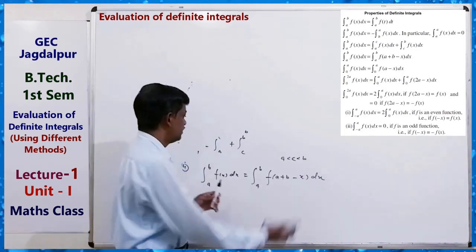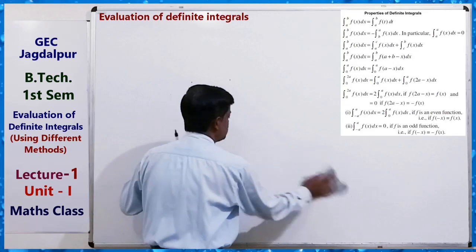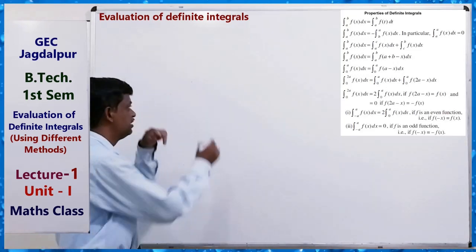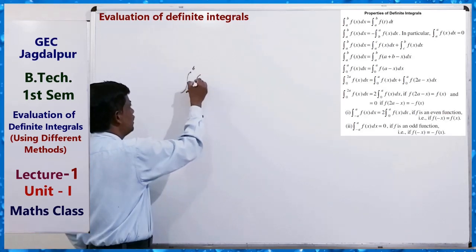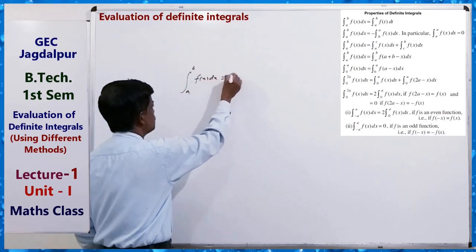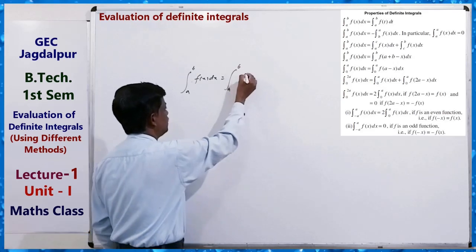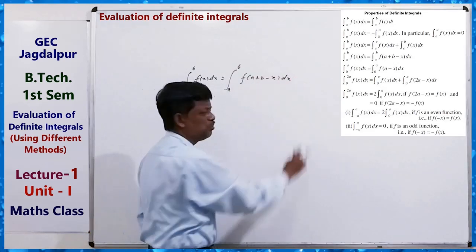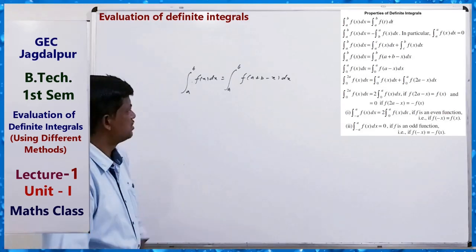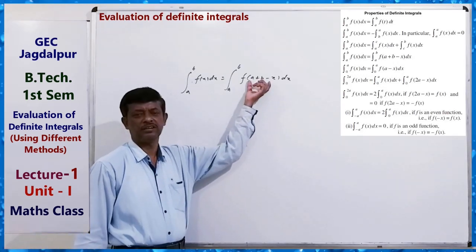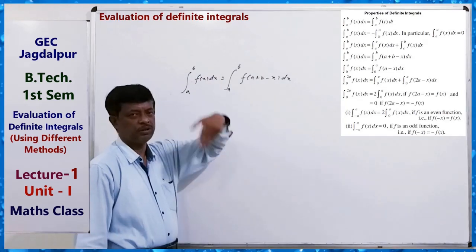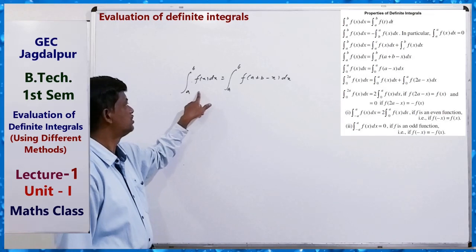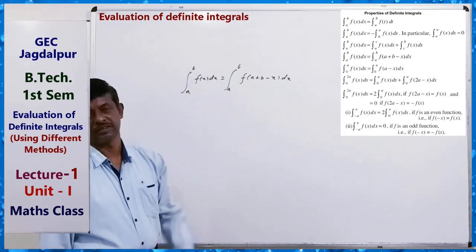You can prove it very simply: put a plus b minus x equals t, and then by using the previous property you can see it is the same as a to b f(x) dx.